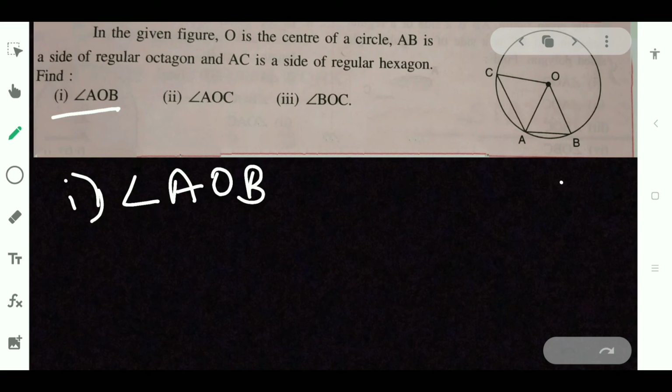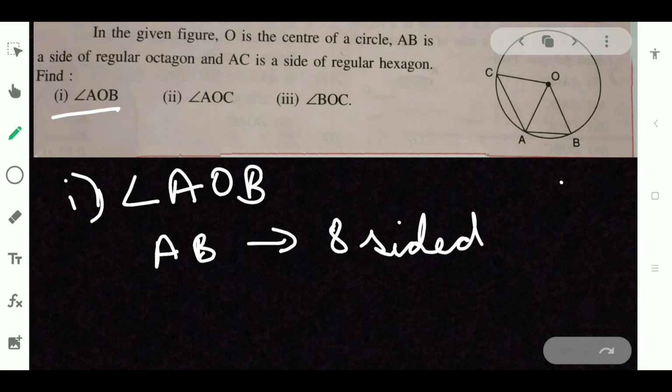So this one is the angle AOB. In the question it is given that AB is a side of a regular octagon, nothing but an 8-sided polygon.